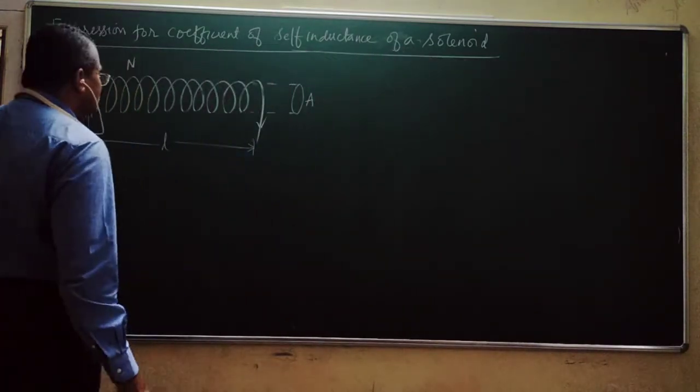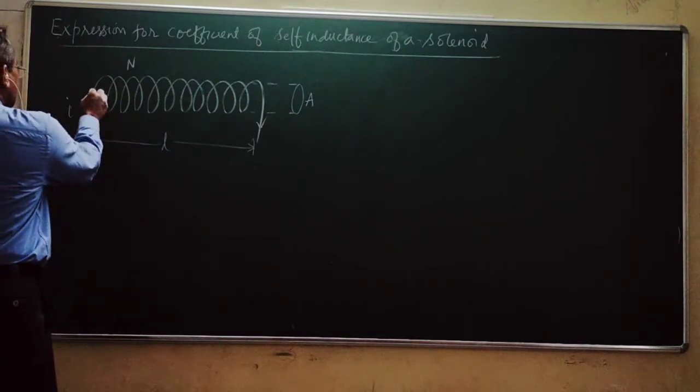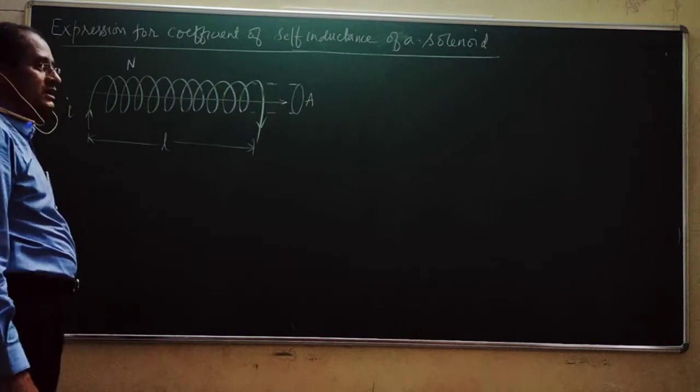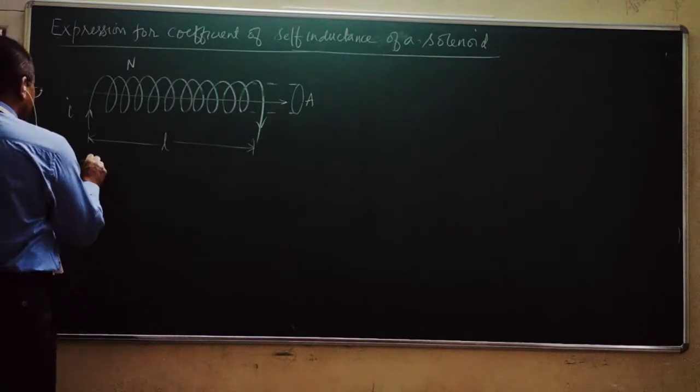As I told you, when current flows, it will produce a magnetic field. The magnetic field will be acting along the axis.